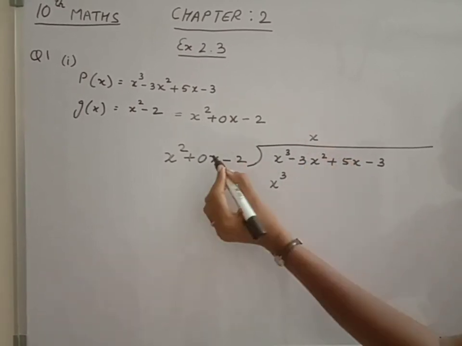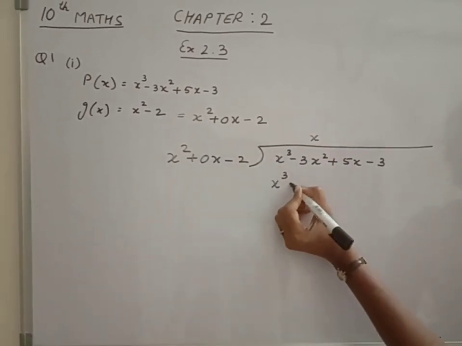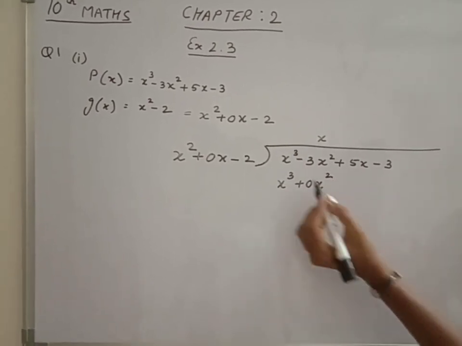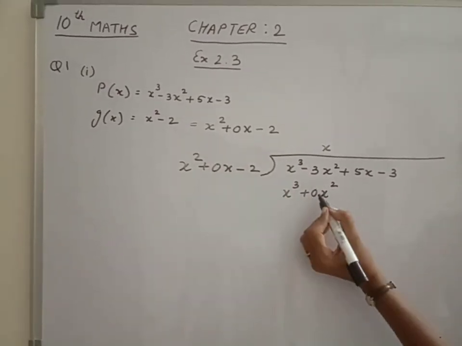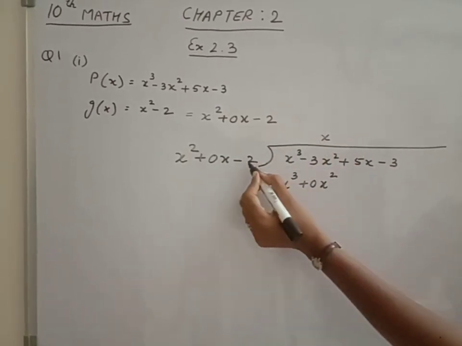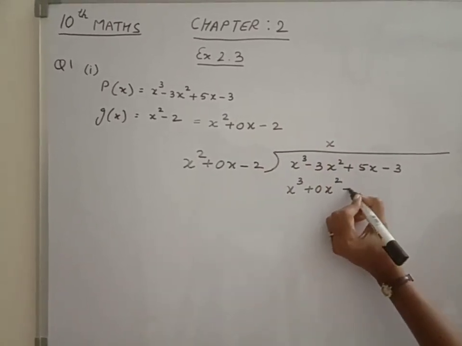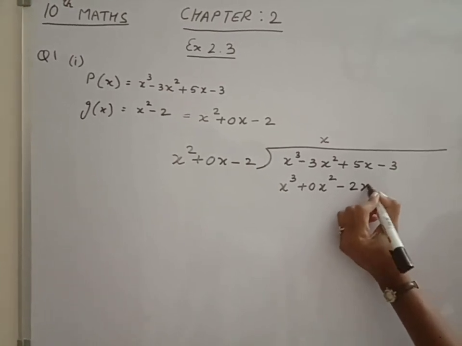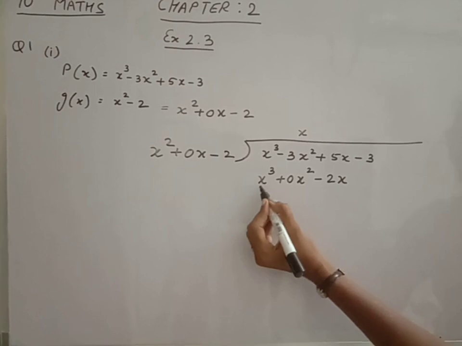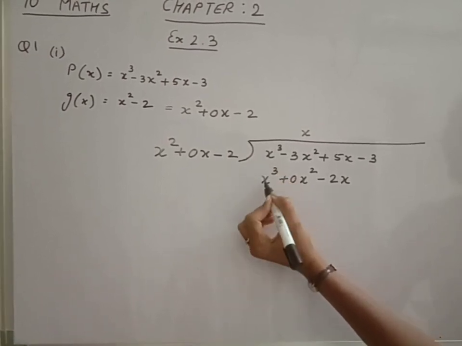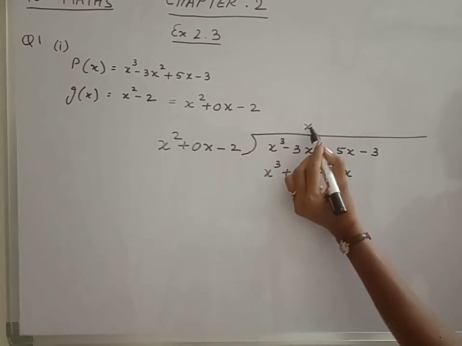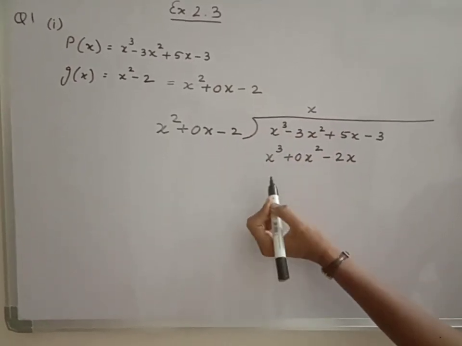Now x into 0x will be 0x square, and then x into minus 5 is minus 5x. Now the remaining terms are not the same, but I try to make only the first term the same. So I multiply x square by x so that I get x cube.